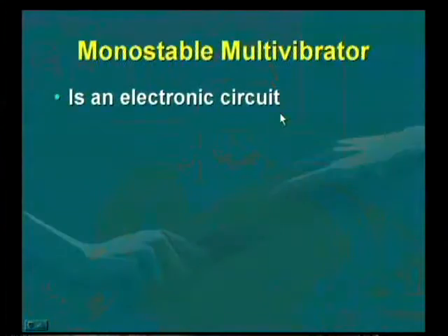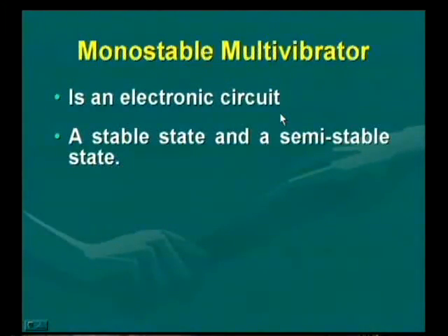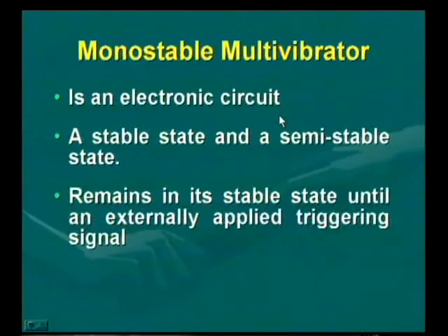A monostable multivibrator is an electronic circuit which again has two states, but among these two states, one is a stable state and the other is a semi-stable or quasi-stable state. The monostable multivibrator can remain in its stable state until we apply some external signal, as in the case of the bistable multivibrator we just discussed.